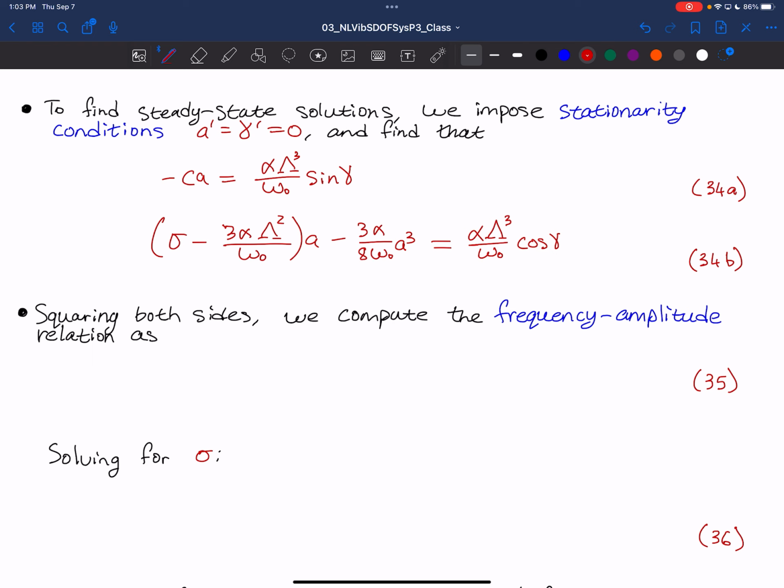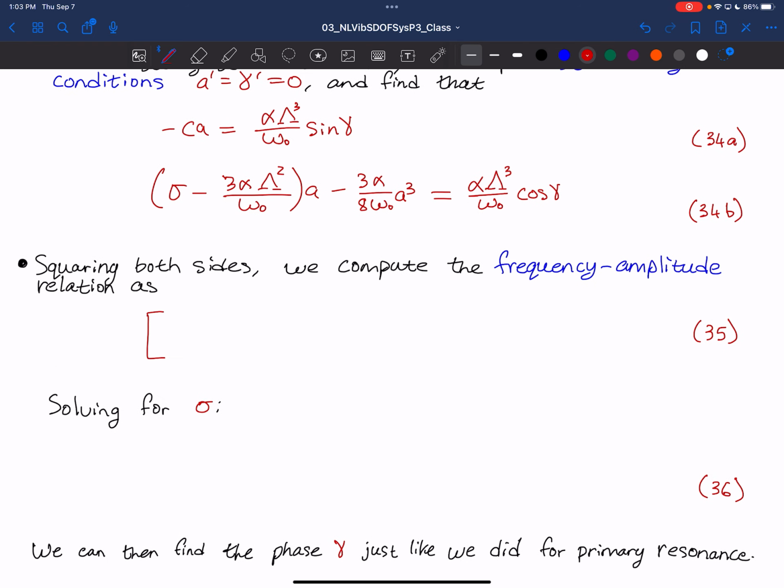And this will then lead to the following, which is c squared plus the quantity sigma minus 3 alpha lambda squared over omega 0 minus 3 alpha over omega 0 times a squared, that quantity squared, and everything in the square brackets multiplied by a squared is then equal to alpha squared times lambda to the 6 over omega 0 squared.